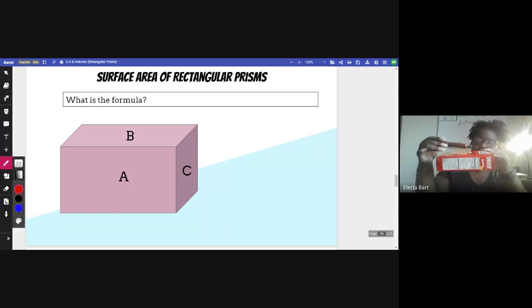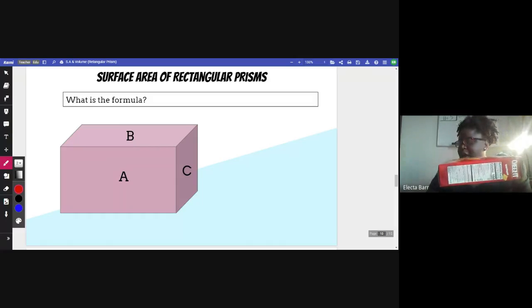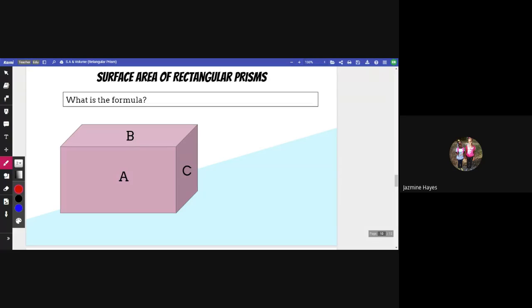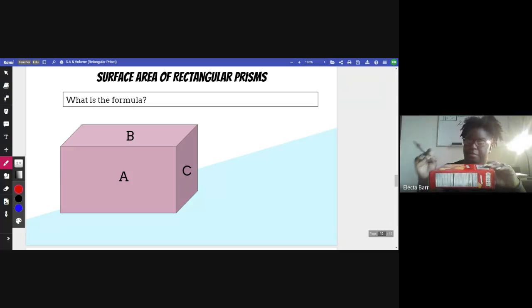This is my side A, this top surface. Where would my other side A be? What y'all think? The top and the bottom. Yeah, the top and the bottom. The bottom is the other part A.